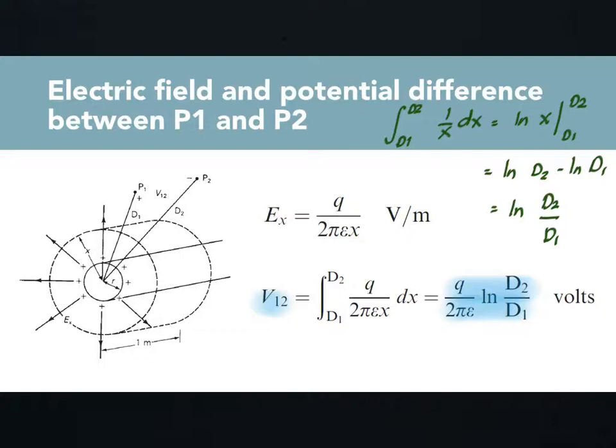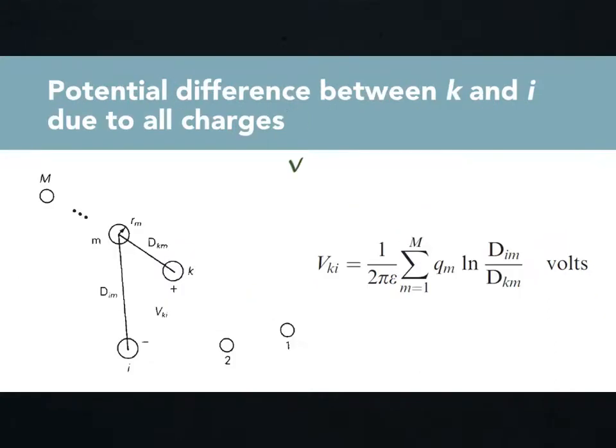Okay. Next is getting the potential difference between conductors K and I, that is due to all the charges. So, considering that, from the previous derivation we have V12 between points 1 and 2 only, which is particular to the effect of one charge.